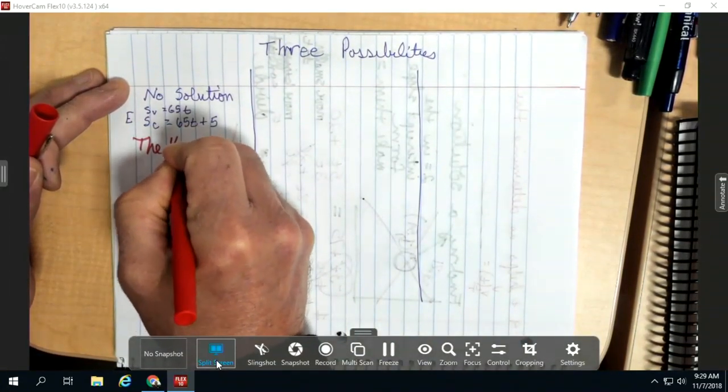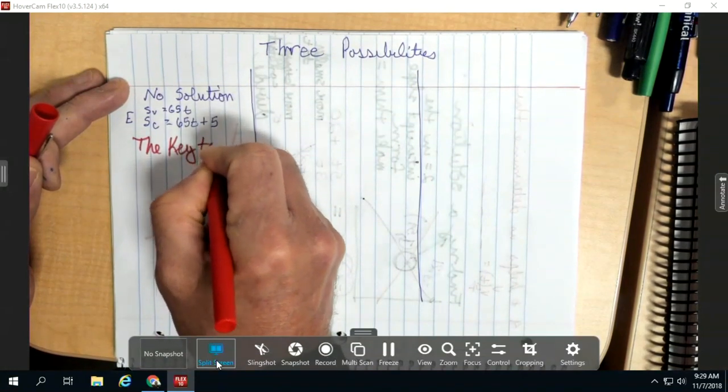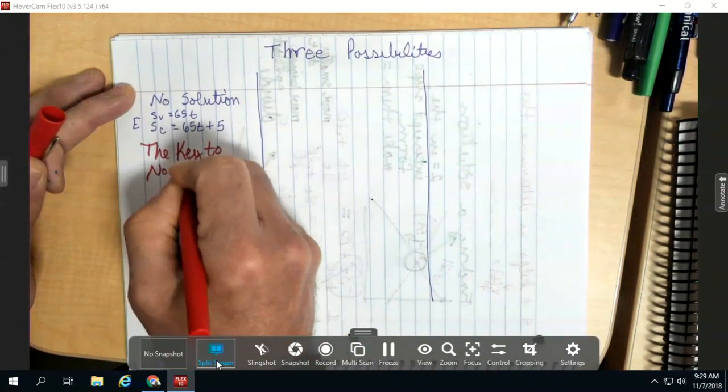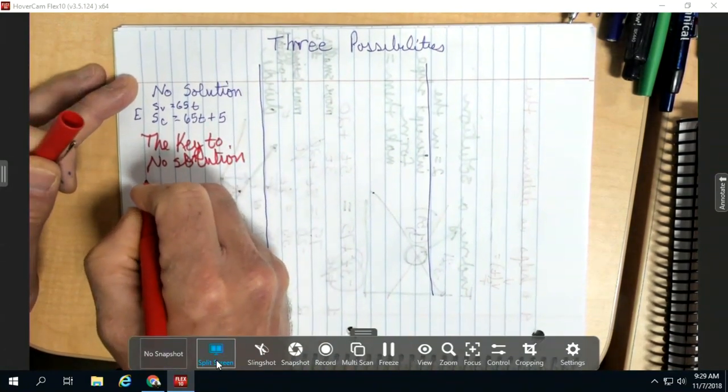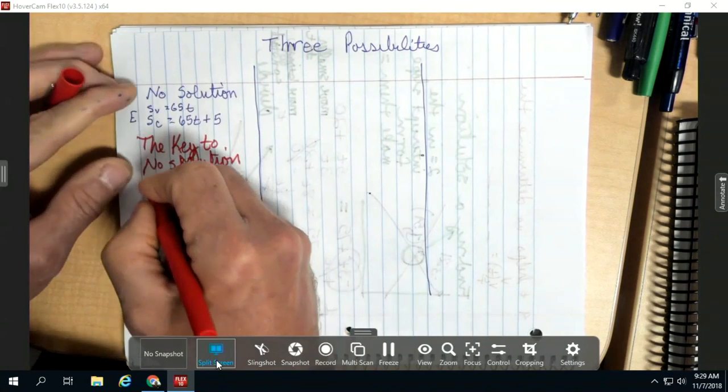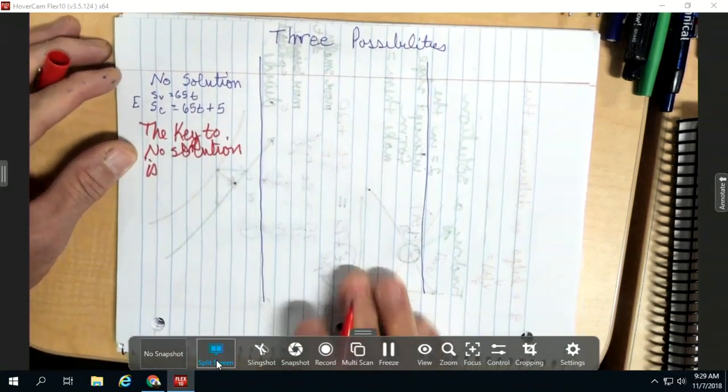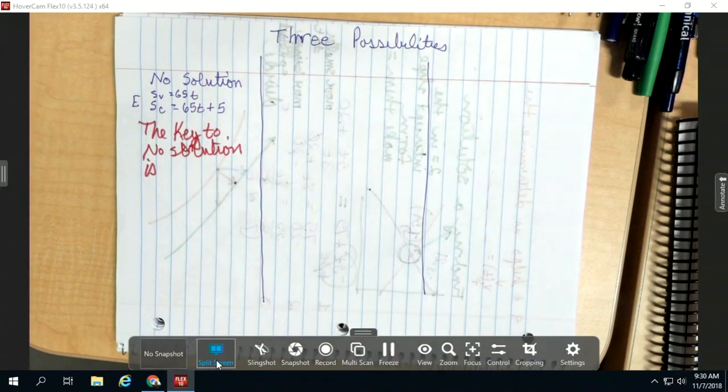The key to no solution. Oh, we should graph it too. But we can put the key there. The key to no solution, if you see the equations, is they have the same slope but a different intercept.